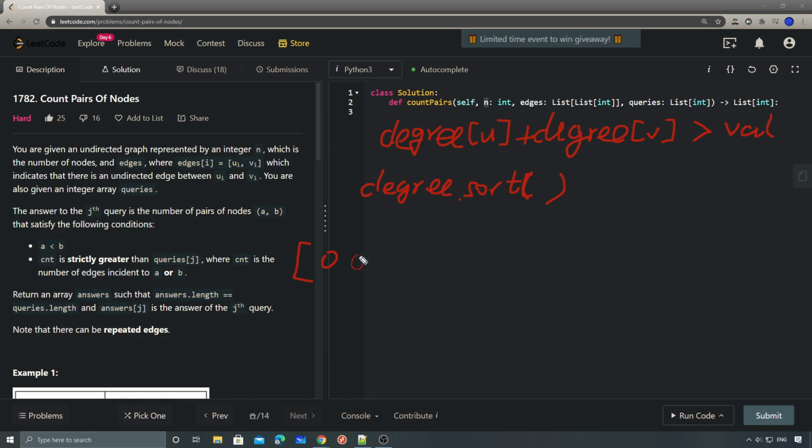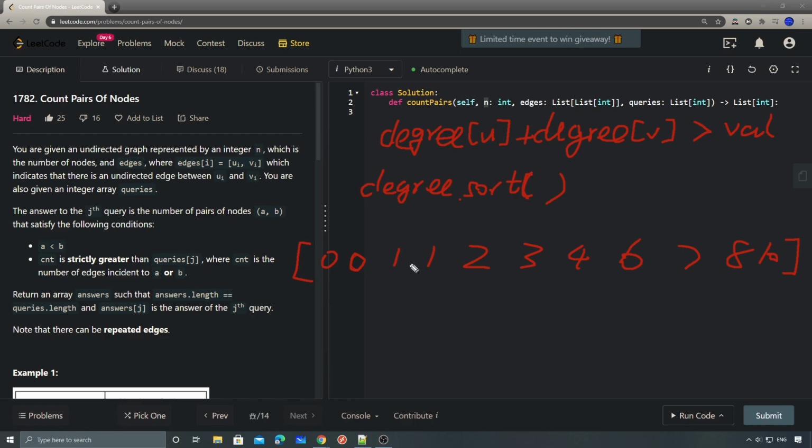So let's say we have a few zeros, and then let's say we have 1, 1, 2, 3, 4, 6, 7, 8, 10, right? After sorting, we could have the degrees in this format.